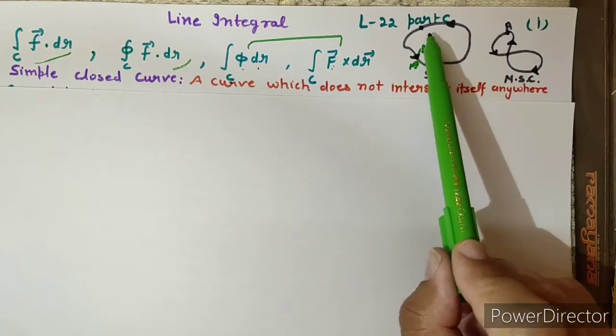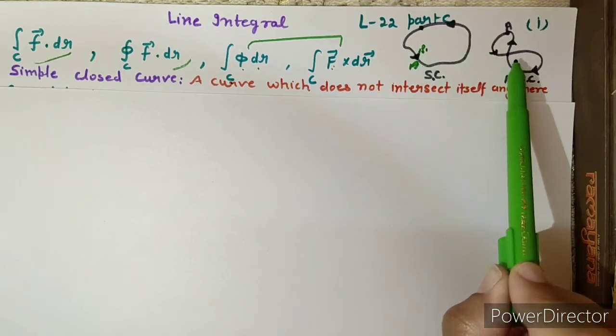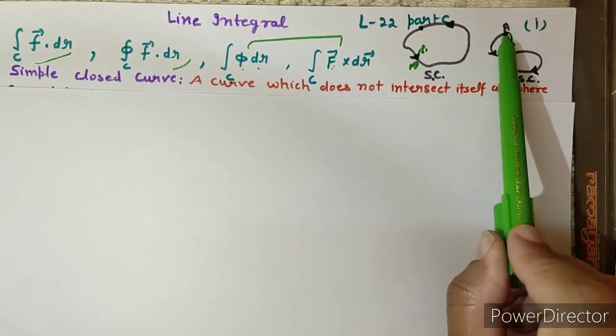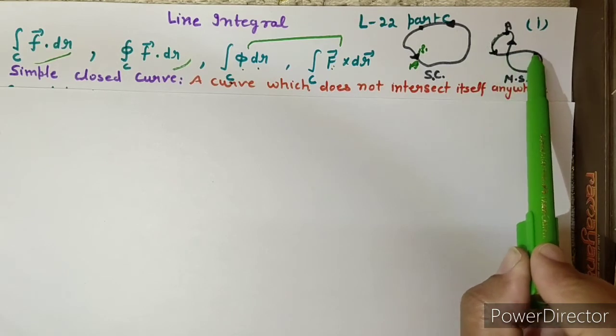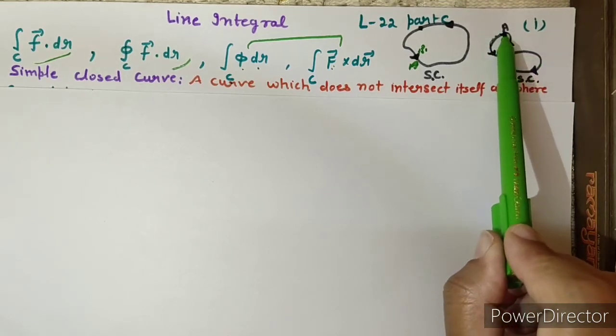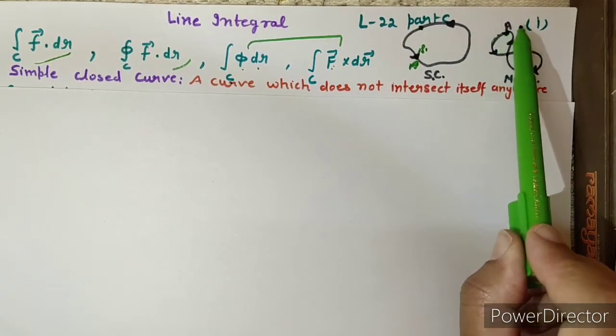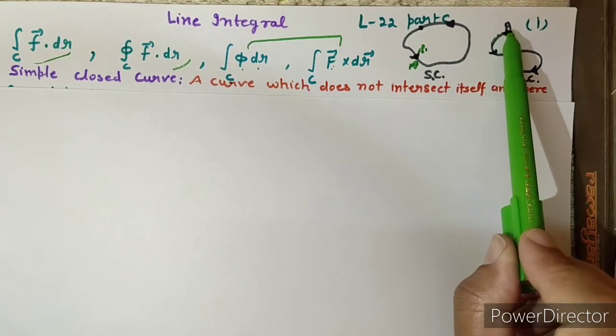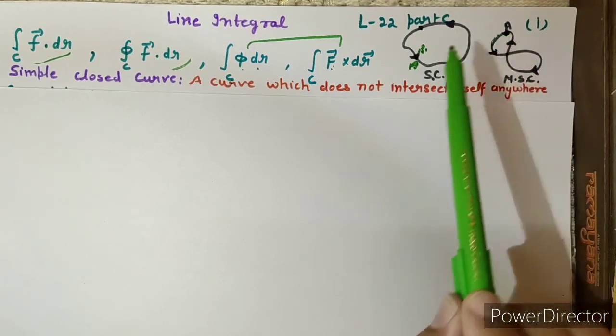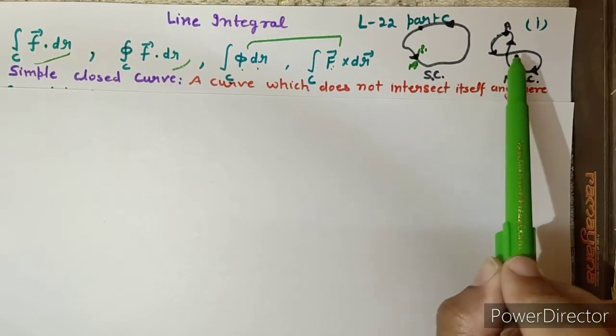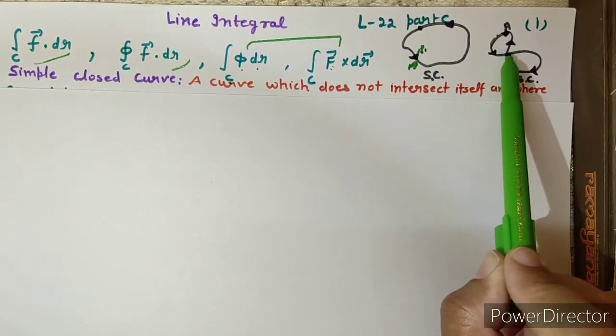This curve is a simple closed curve, and this one, if I start here and move like this, this is a closed curve. Starting is A and the end point is also at A. So this is a closed curve, but this is not simple because it cuts itself at this point.